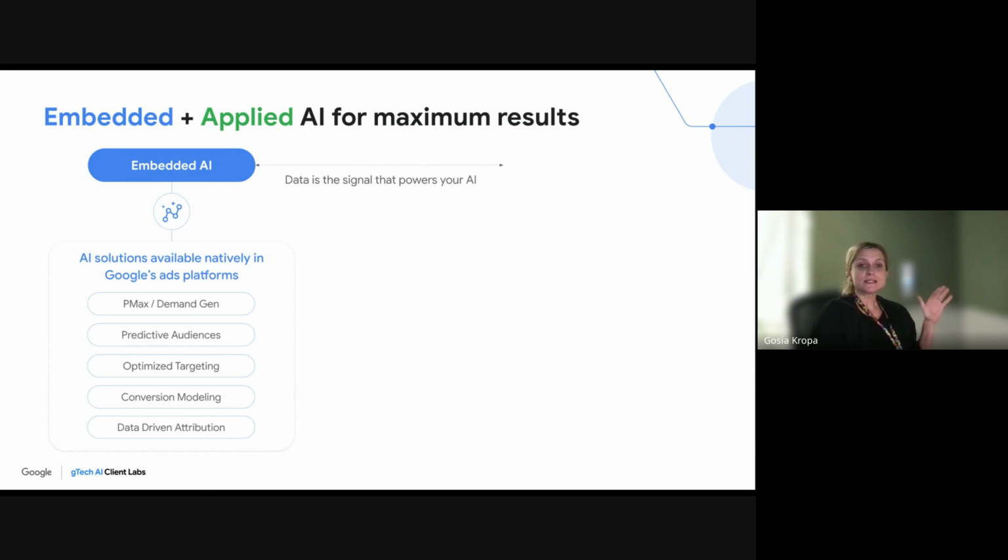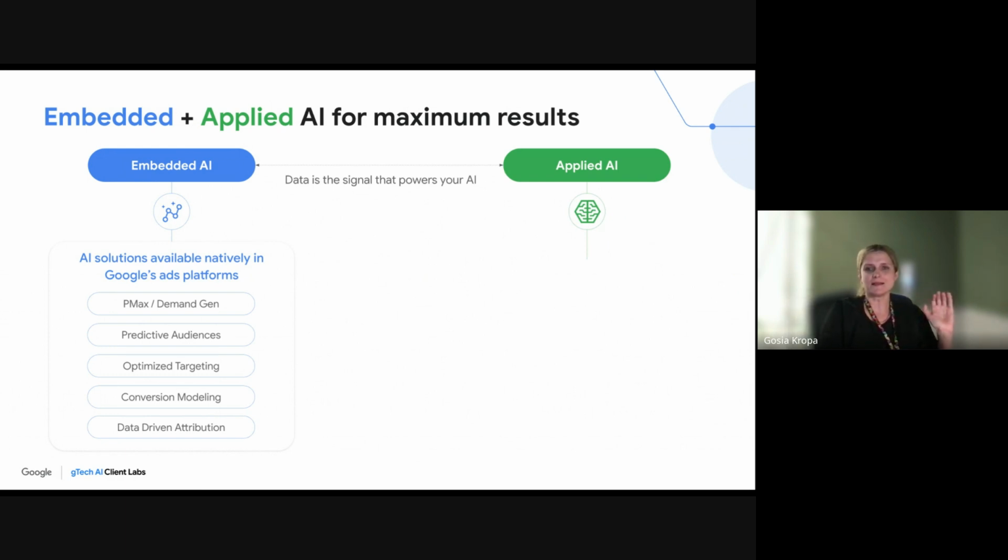So which takes us to the second stop on the AI journey, applied AI. That's the AI that's accessible via cloud and powered by your first-party data. And here you can take advantage of the power of AI. And hopefully you can throw away your crystal ball, because this kind of AI is very good at predicting the future.